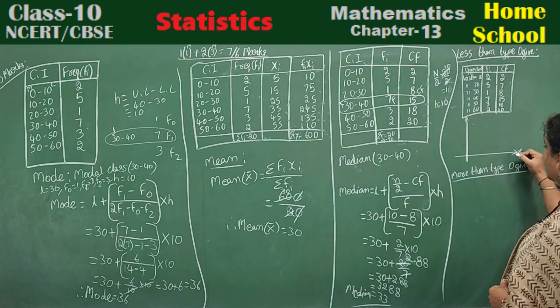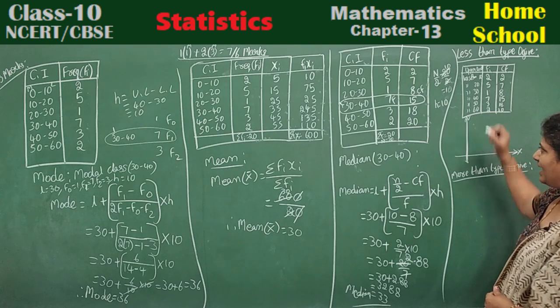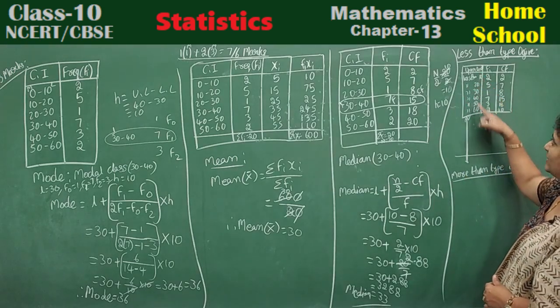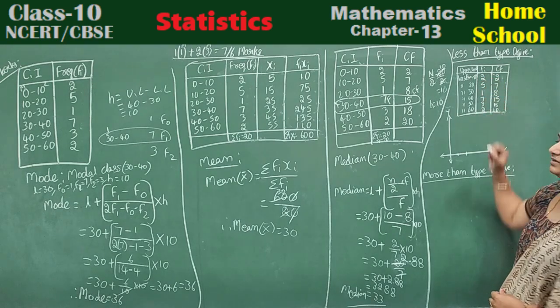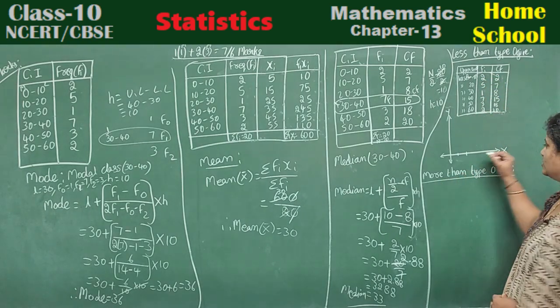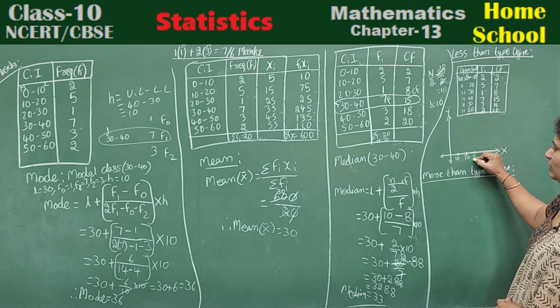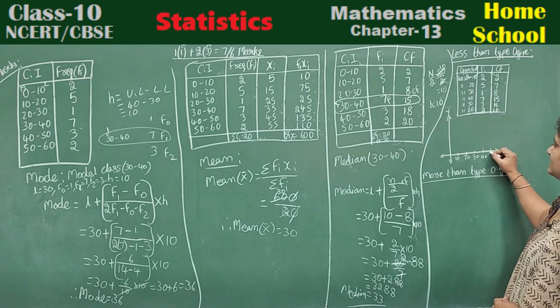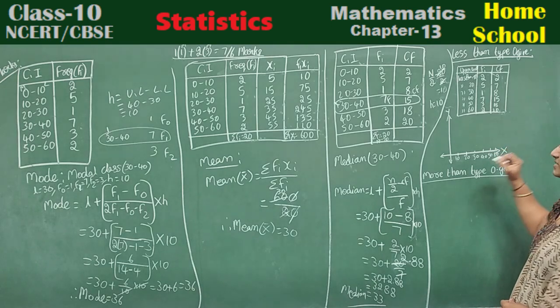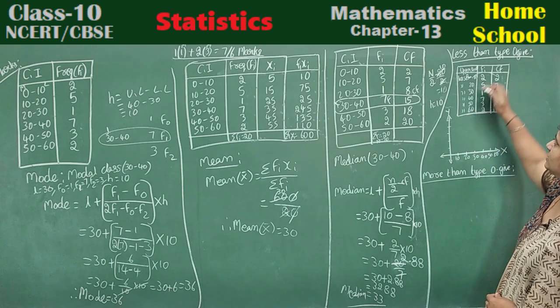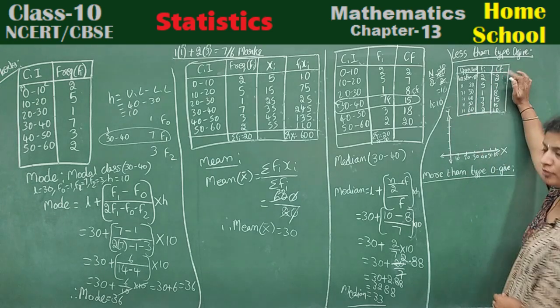and plot x-axis, y-axis. Okay, so observe the limits here, 10, 20, 30, 40, 50, 60 there. So on x-axis, 1 centimeter is equal to 10 units. Take scale in this way, 1 centimeter is equal to 10 units. And on y-axis, see on y-axis, what you need to plot?